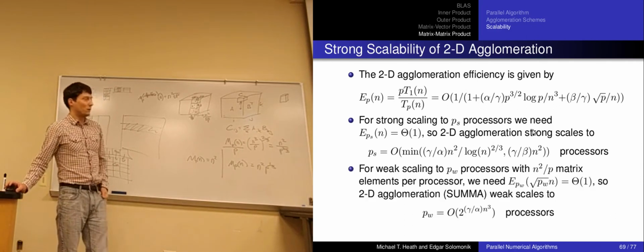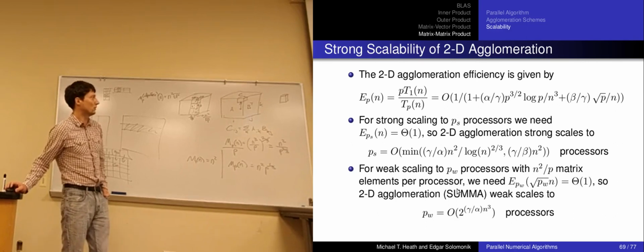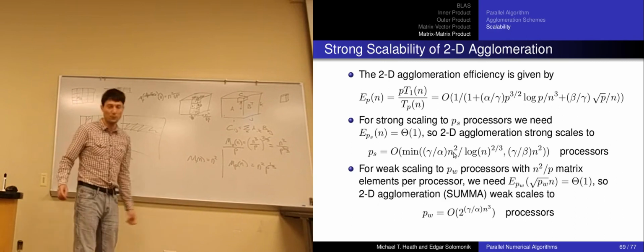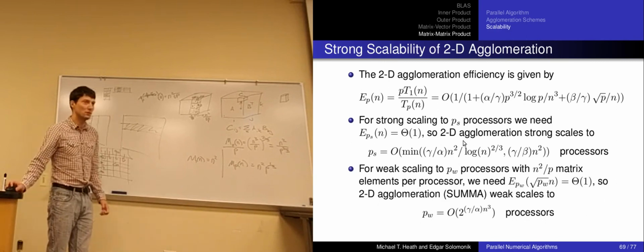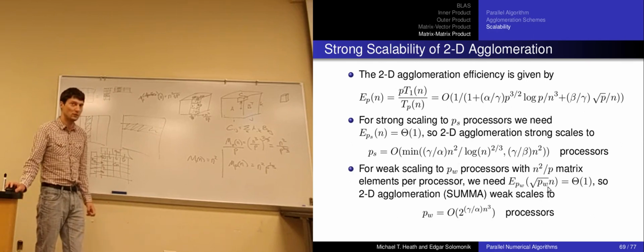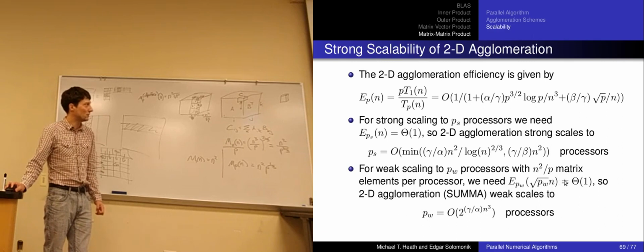So for weak scaling, in fact, life is good. So for weak scaling, we're keeping the problem per processor constant. So we want to keep n squared over P constant. So we increase n with square root P with respect to our n squared over P problem size per processor.